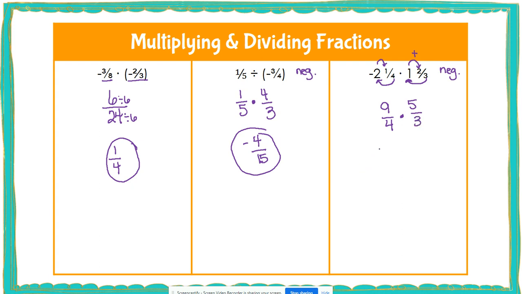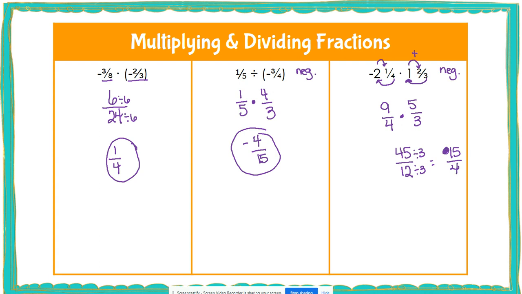Now I'm going to multiply. 9 times 5 gives me 45, and 4 times 3 gives me 12. Well, when I look at these, I know that I can divide both of these by 3. So, to simplify my fraction, I'll divide by 3. 45 divided by 3 is 15, and 12 divided by 3 is 4.